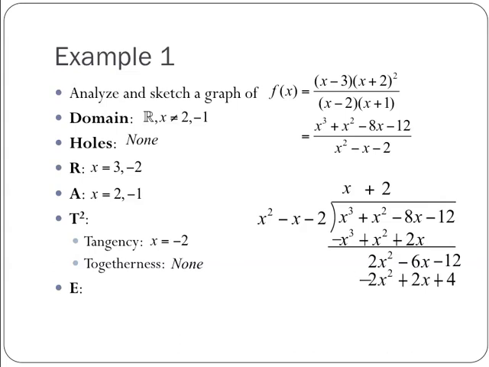Subtract, and we have minus 4x minus 8. There's nothing else to bring down. The degree of the negative 4x minus 8 is smaller than the degree of x squared minus x minus 2, so the negative 4x minus 8 is the remainder. Remember, we don't need to worry about the remainder when we're talking about the slant asymptote. And so our slant asymptote is simply going to be y equals x plus 2.